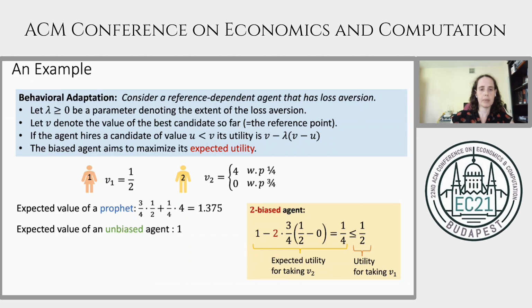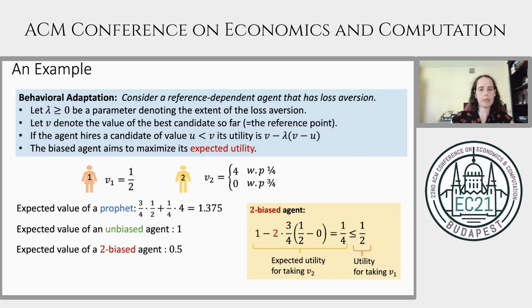So the second term here is the loss that he's going to exhibit. Since the expected utility for hiring candidate 2 is quarter and the expected utility for hiring candidate 1 is half, the lambda biased agent is going to always hire the first candidate and has expected value of half. And this example illustrates the problem of the biased agent.